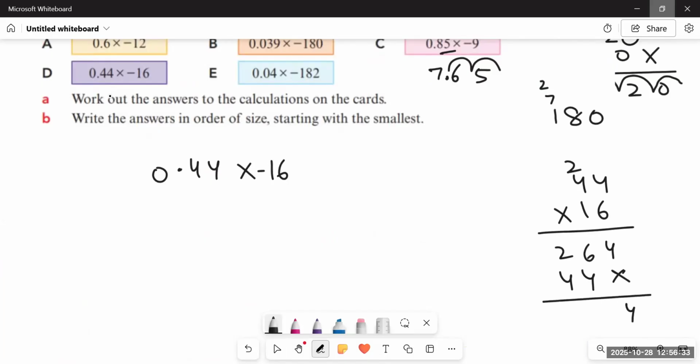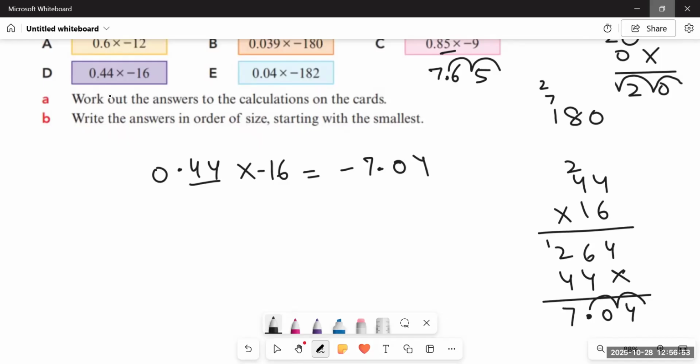And the answer will be 704. Now, since we have 2 decimal places, we have to put the decimal over here. No zeros. So it would be directly minus 7.04. Okay? How easy it is.